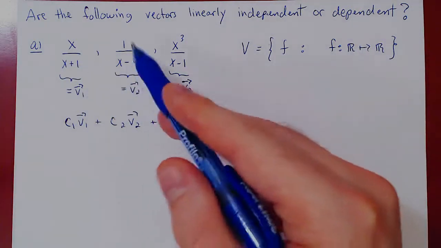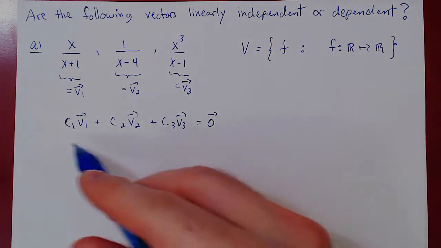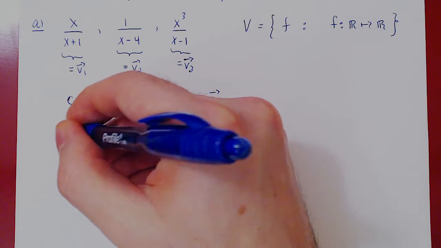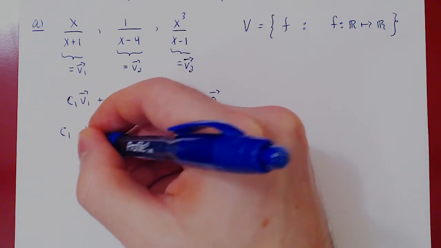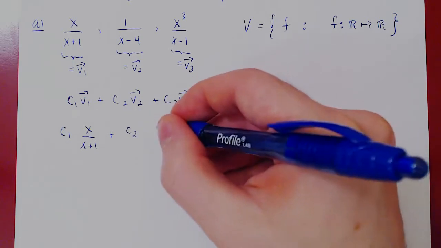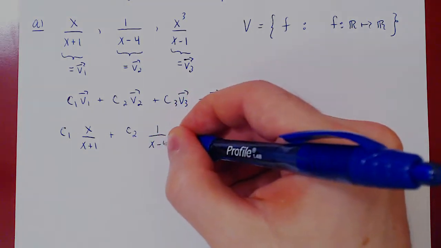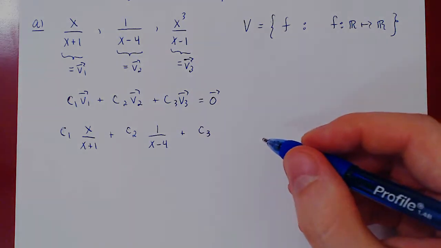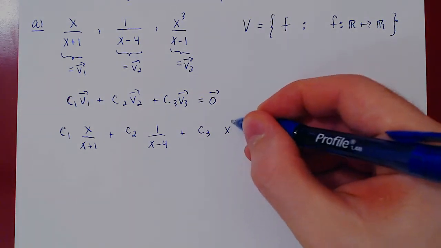So let's rewrite our three rational functions. We will have C1 times the rational function x over x plus 1, plus C2 times the rational function 1 over x minus 4, plus C3 times the rational function x cubed over x minus 1.